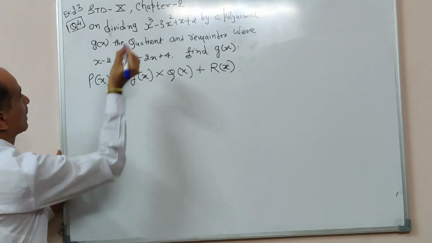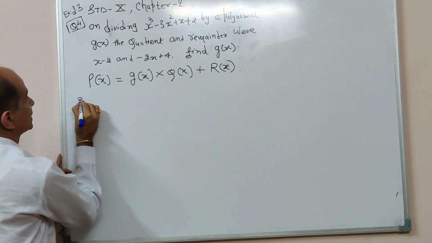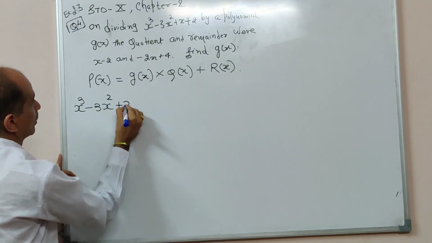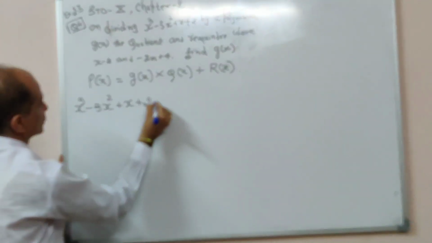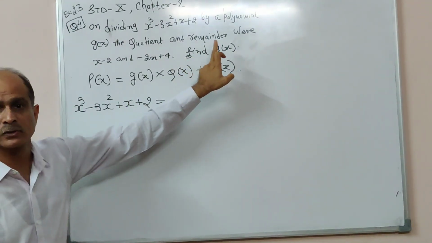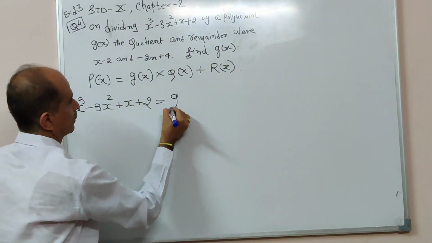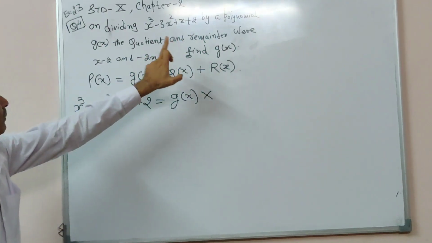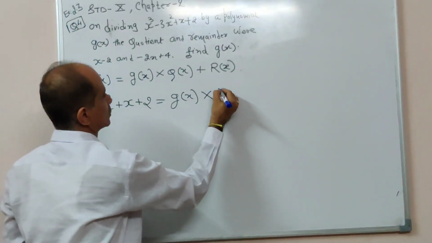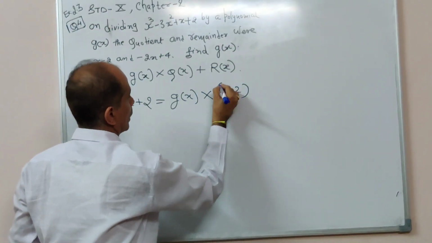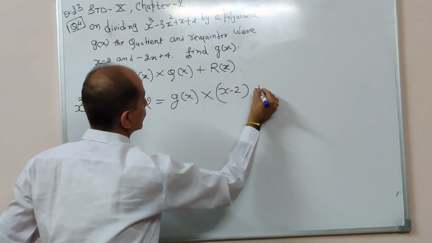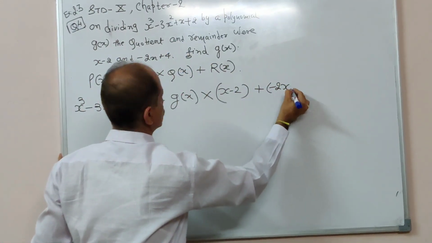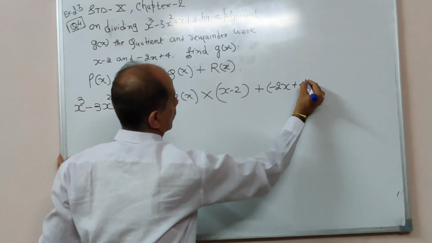So in this example, your p(x) is x cube minus 3x square plus x plus 2. Your question is to find g(x). So you write g(x) into the quotient, which is already given, that is x minus 2, plus the remainder, which is also given, minus 2x plus 4.